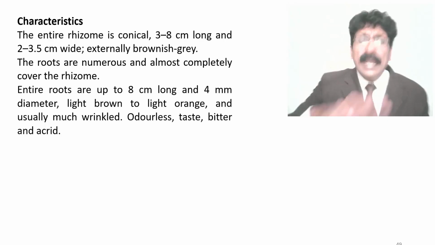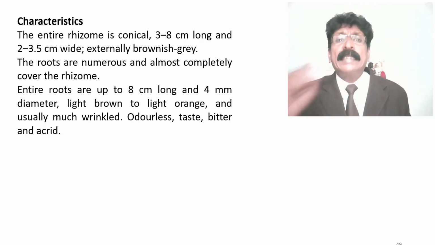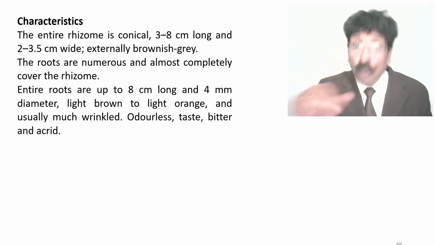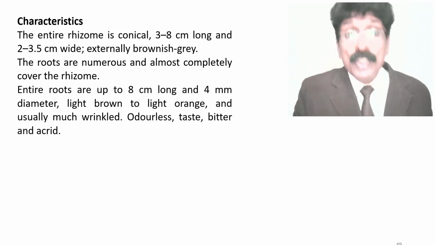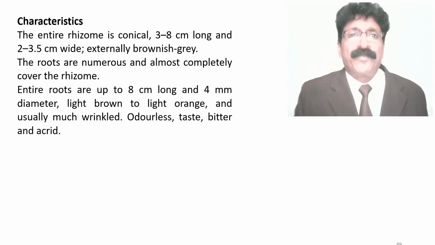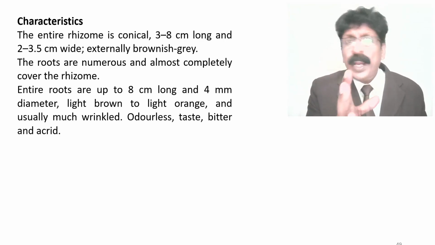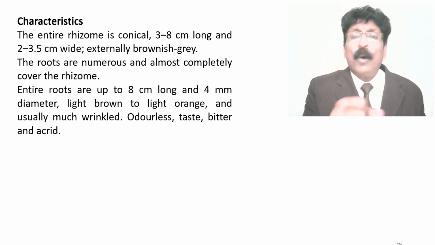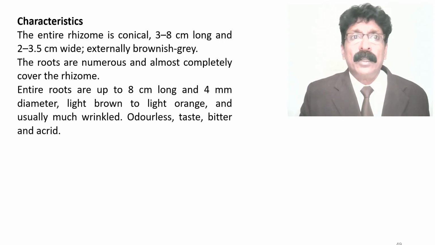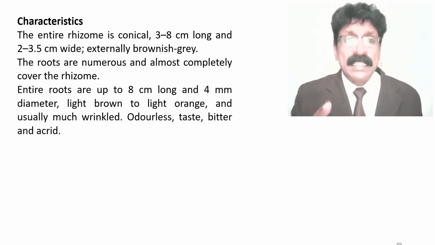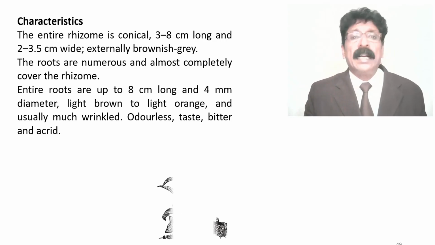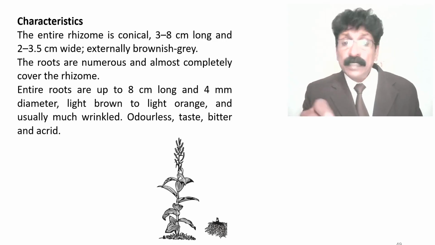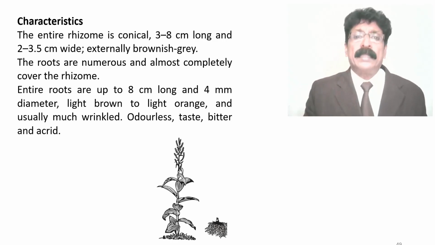The roots are up to 8 centimeter long and 4 millimeter in diameter, light brown to light orange in color, and usually much wrinkled, odorless, with a bitter and acrid taste. This is the root diagram and the plant.